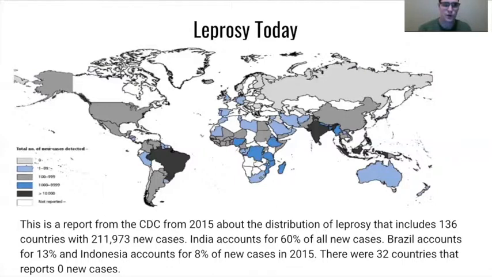Brazil accounted for 13% of all new cases, and Indonesia accounted for 8% of all new cases in 2015. And 32 countries reported 0 new cases in this study. So this just gives you a brief overview of where leprosy is occurring today. And in the last 20 years, over 16 million people have been treated for leprosy.